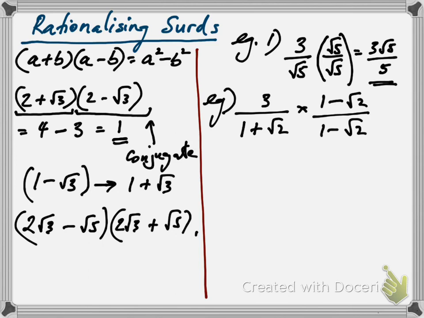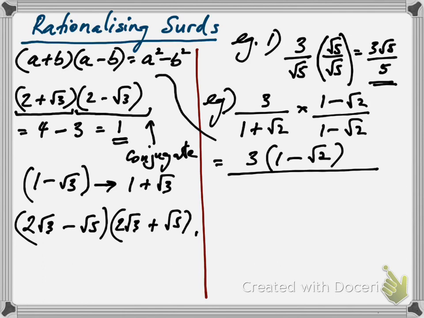So the top would be pretty much straightforward, as in 3(1 - √2), and you can then expand that. The bottom would be a² - b², just like from there, which would be 1 squared, which is 1, minus the square root of 2 whole thing squared, which would be 2.